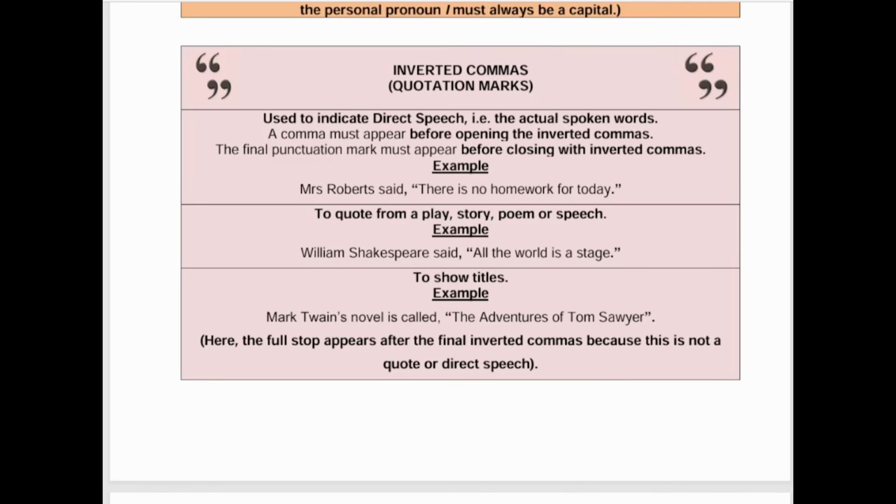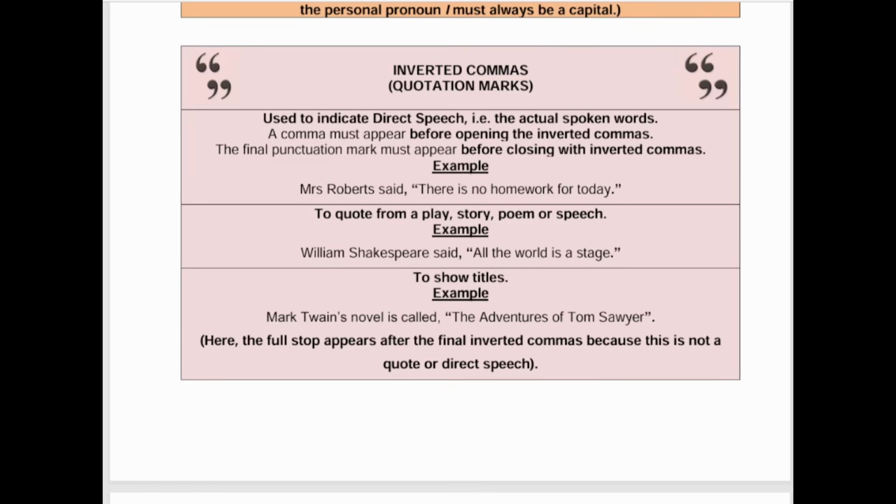So you can see from that statement, there are inverted commas at the beginning and also at the end of those words that Mrs. Roberts said. Then the second use of inverted commas is to quote from a play, story, poem, or speech.